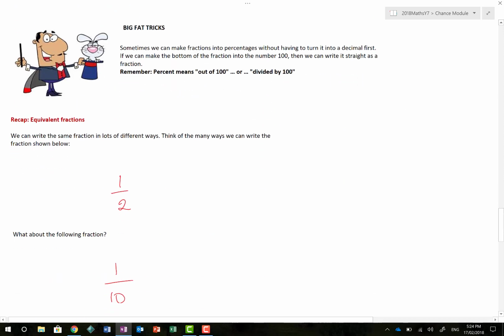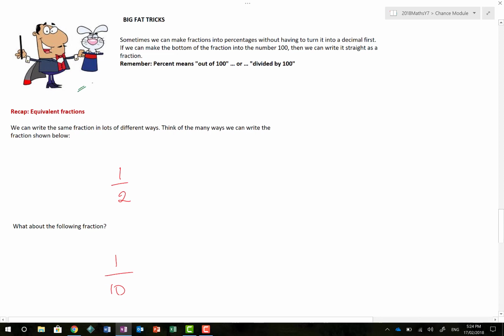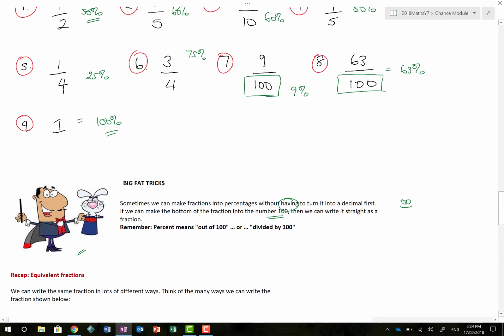Now, as I say, big fat tricks with my little magician. Sometimes we can make fractions into percentages without having to turn them into a decimal first. That has to be a big smiley face. If we can make the bottom of the fraction into the number 100, hold on a moment. We've said that percent means out of 100.